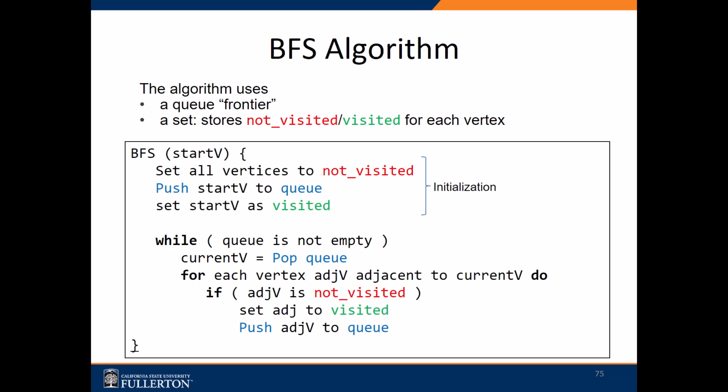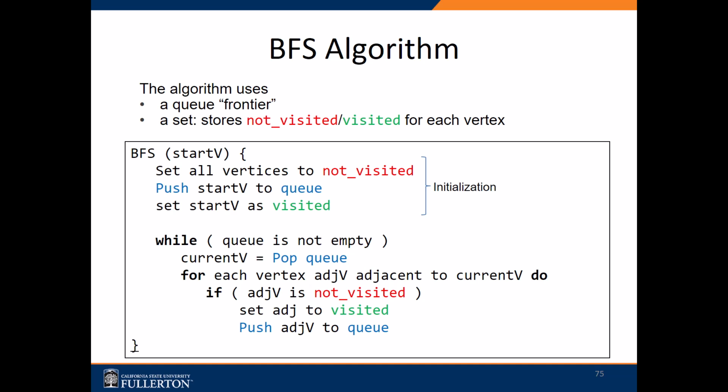Initially, we mark all our vertices as not visited and store them in the set. The start vertex is pushed onto the queue, and the start vertex is also marked as visited. The algorithm then enters a while loop that continues until the queue becomes empty. In every iteration, you pop the vertex at the front of the queue, and that becomes a current vertex.